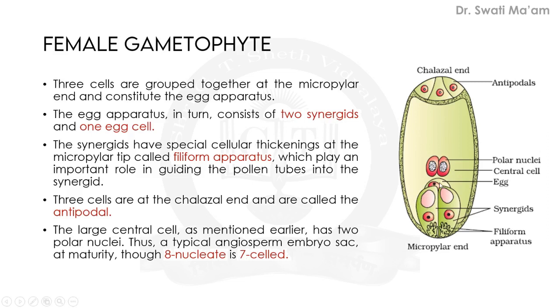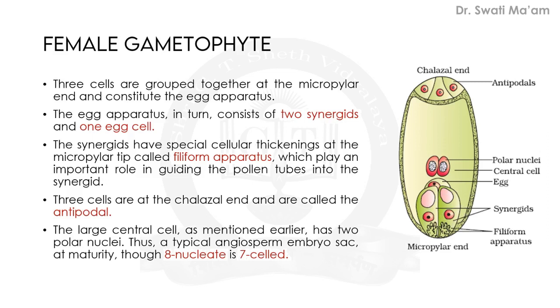The synergids have special cellular thickenings at the micropylar tip. These special finger-like structures look just like your palm and fingers. This particular structure is known as the filiform apparatus. What is its importance? It plays an important role in guiding the pollen tubes towards the synergids.